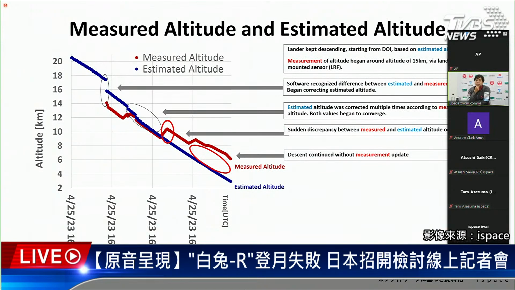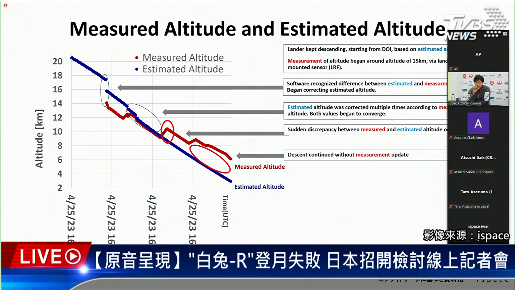Then, this is the actual flight data plot. The blue line is estimated altitude, and the red line is measured altitude. When we start measurement, at the start point of the red line, the blue line also has a relatively large jump.